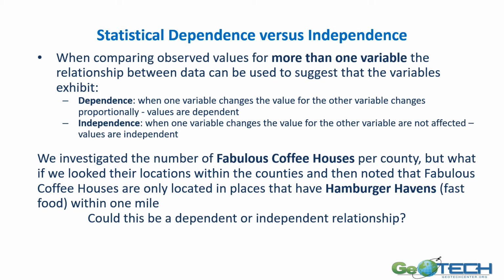So dependency, when one variable changes, the value of the other variable also changes. If they're independent, one variable can change, but it has no effect on the other. So if we find that coffee houses are only located in places that have hamburger havens within 1 mile, this sounds like it is more of a dependent rather than an independent relationship.